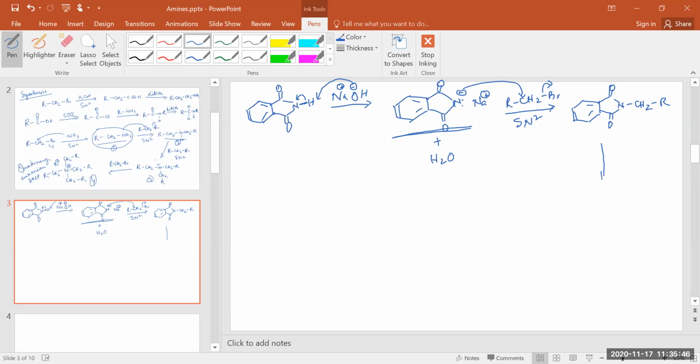Then, under basic condition, like sodium hydroxide and water, this will react with the carbonyl, a nucleophilic addition to the carbonyl. The next steps of the mechanism you have seen many times. It's a hydrolysis reaction.